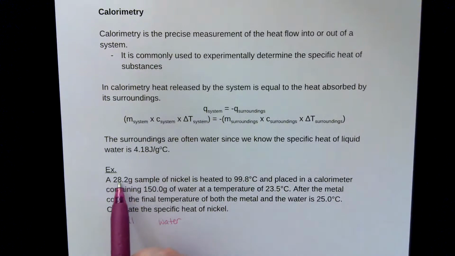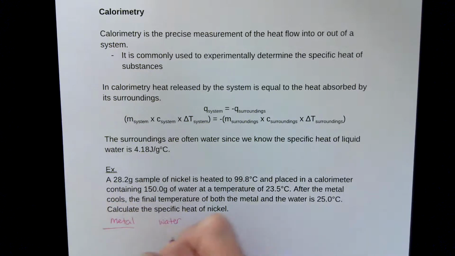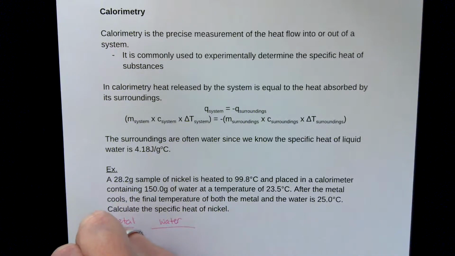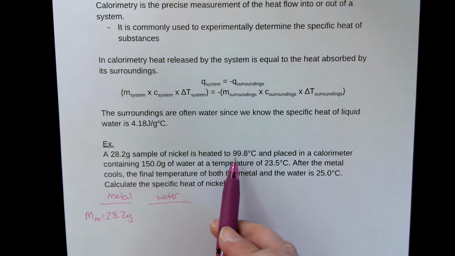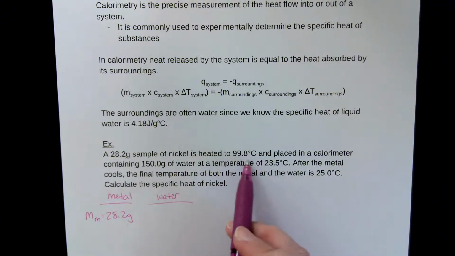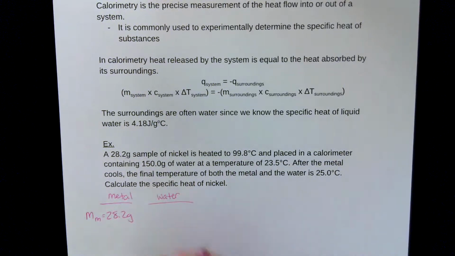We know that the mass of the metal is 28.2 grams. I also know that my initial temperature of the metal is 99.8 degrees Celsius because it says this is the temperature the metal was heated to.